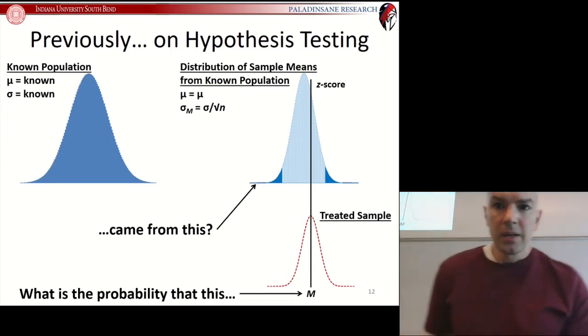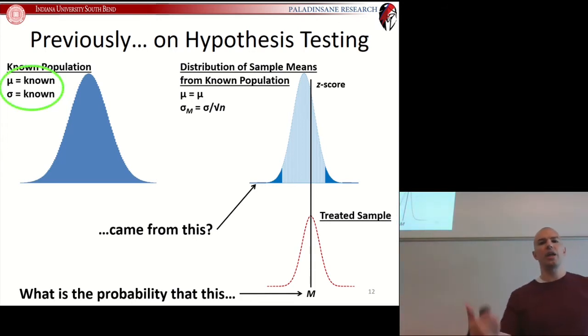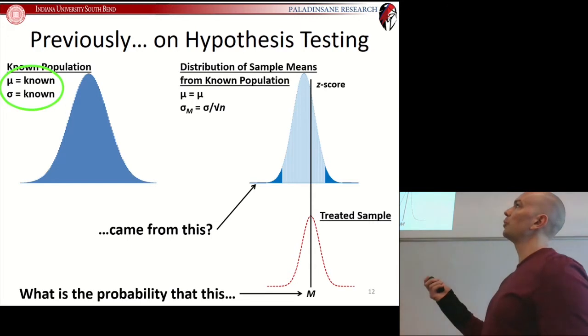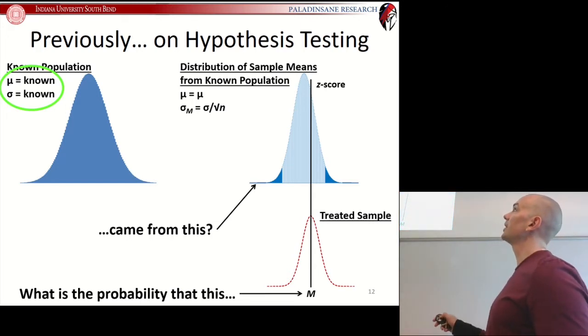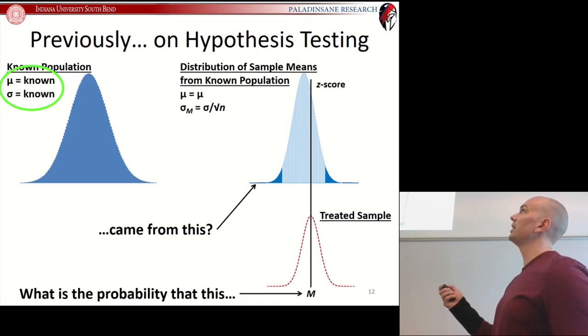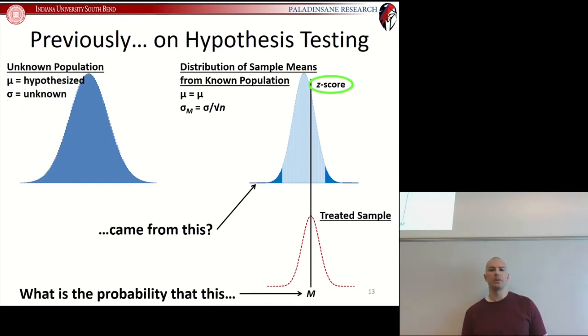As I mentioned before, we were able to do this because we had a known population. If you have a known population with a known mean and a known standard deviation, you can figure out the distribution of sample means and its mean and standard deviation, which means that you can figure out your z-score and find out where your sample is on this comparison distribution.